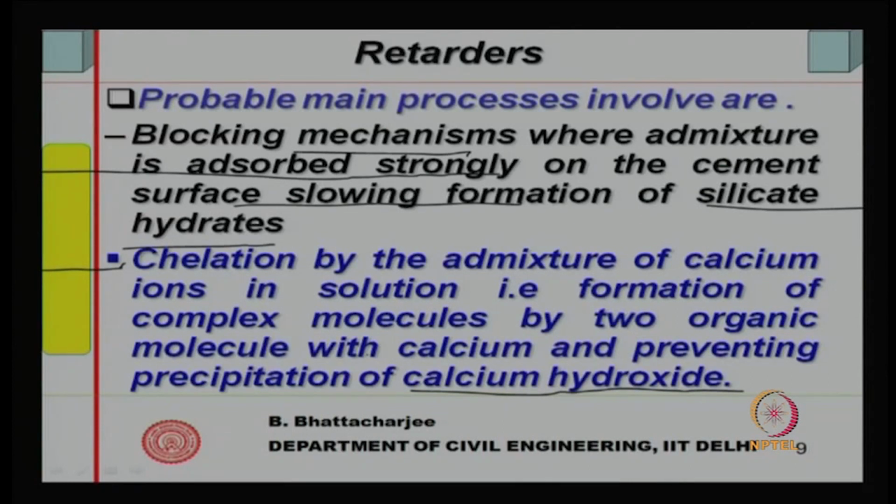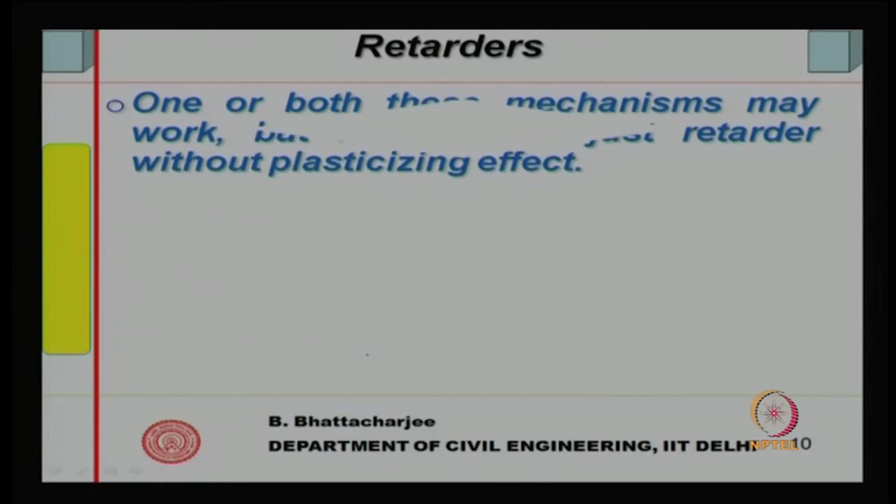Calcium silicate hydrate formation needs calcium hydroxide production. The reaction of C3S and C2S forms calcium hydroxide and calcium silicate hydrates. Now, if calcium is not precipitating, these two reactions cannot proceed. So, that could be another mechanism, or both.